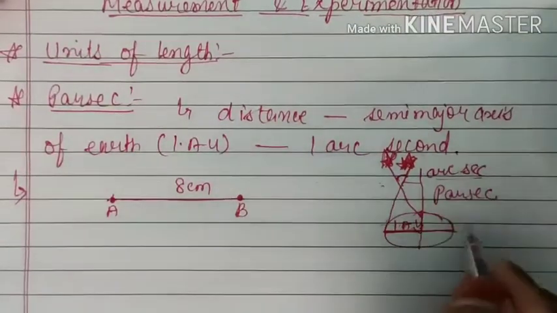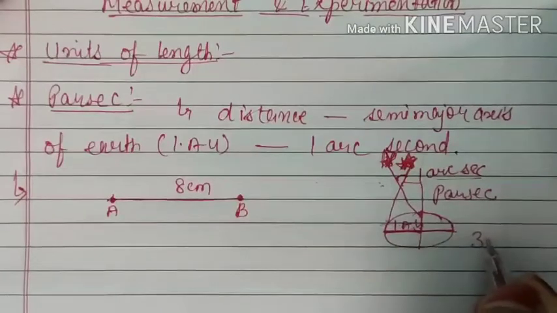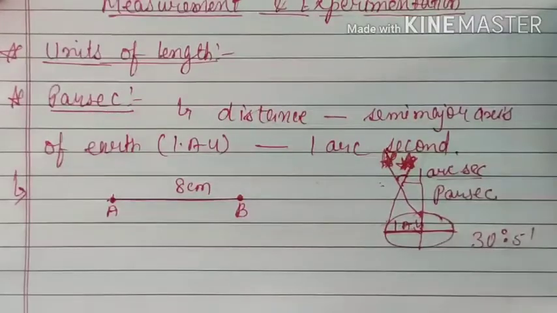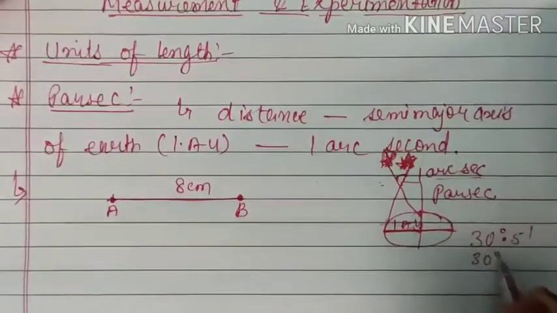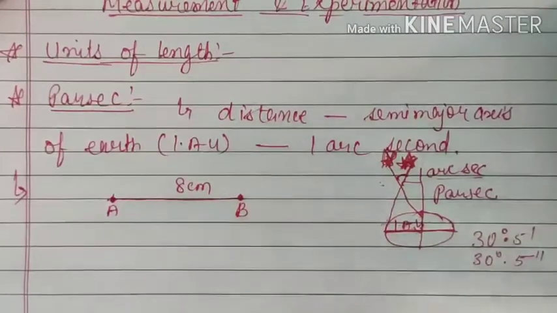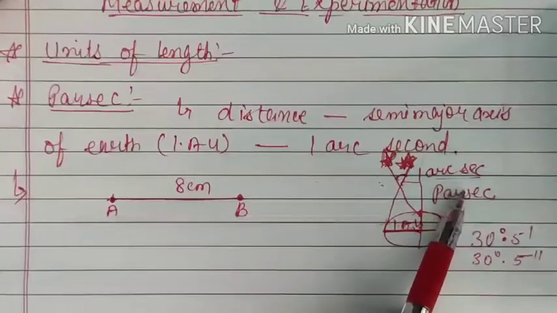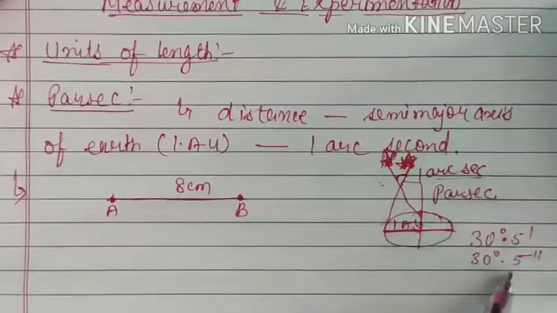You might have heard examples like 30 degree and 5 minutes, which is represented like this. Similarly, if we go for a further smaller unit, it will be second. So this second is nothing but a measurement of an angle, but a very small measurement, that's all.